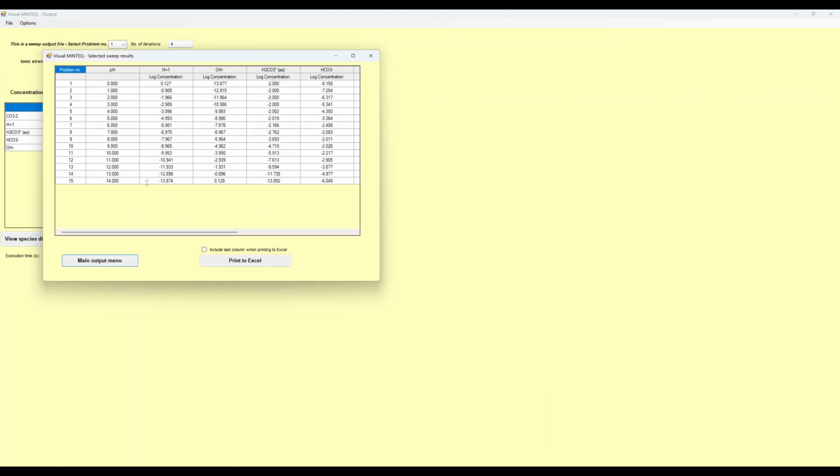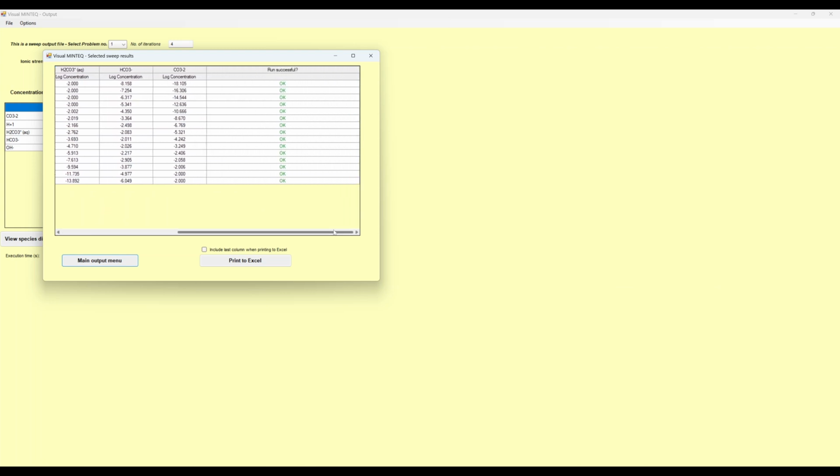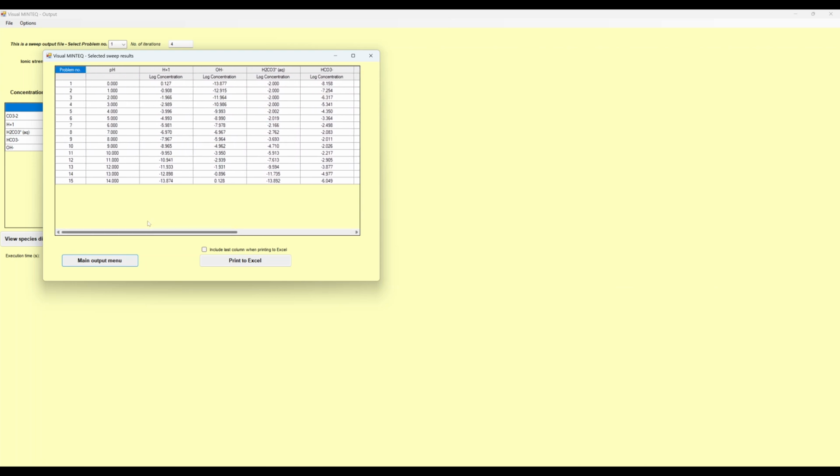Run MINTEQ, and then the pH between 0 all the way to 14, and then we have the log of concentration for H plus, OH minus, exact same thing that we had when we did the calculation with Excel. And then they all ran successfully based on the calculation. The flow chart for calculation works well for all the species at all different conditions.